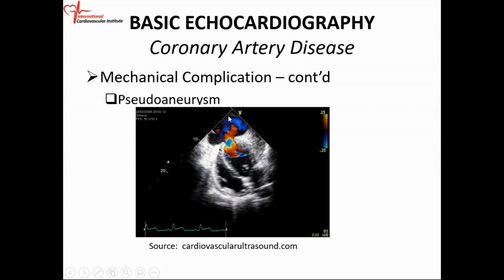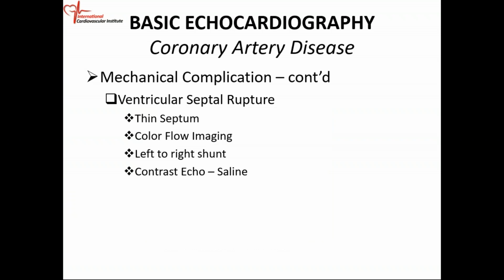But the pericardium prevents the heart from bleeding out, so to speak. You can see that there's flow from the LV across this area into this cystic cavity. And it's a narrow neck, so this is what we call the neck. It's a narrow neck as opposed to a true aneurysm where the neck is very broad.